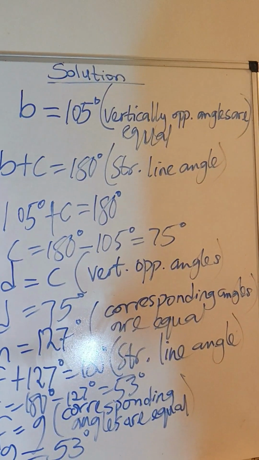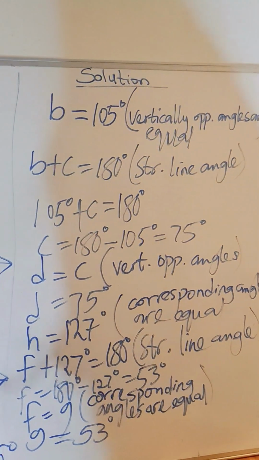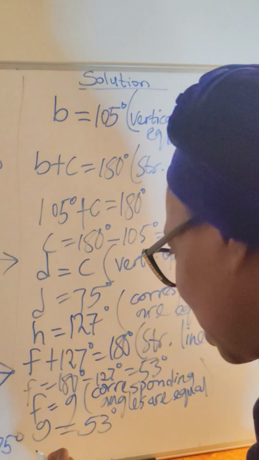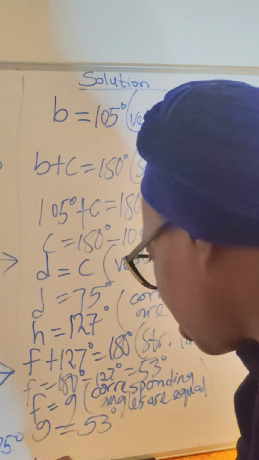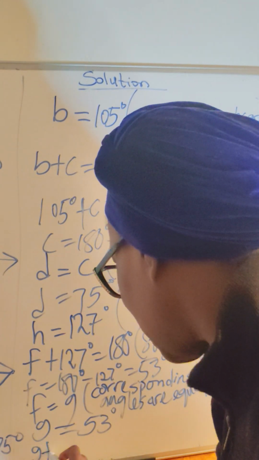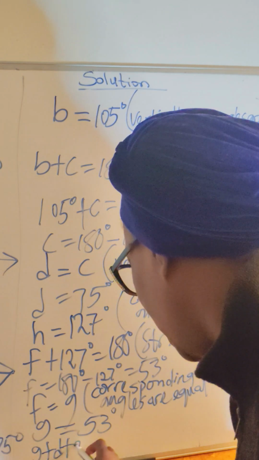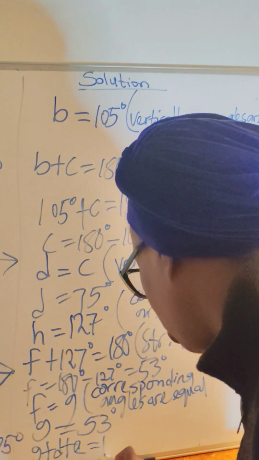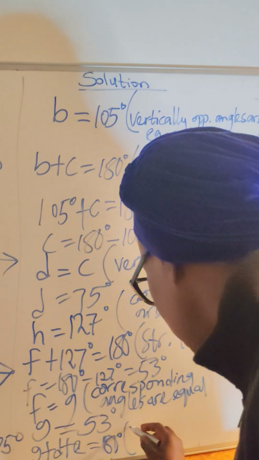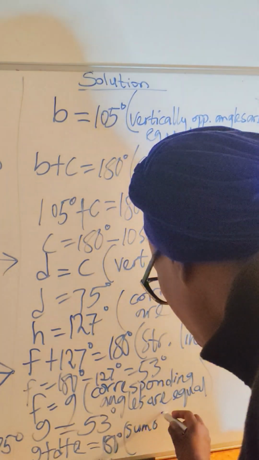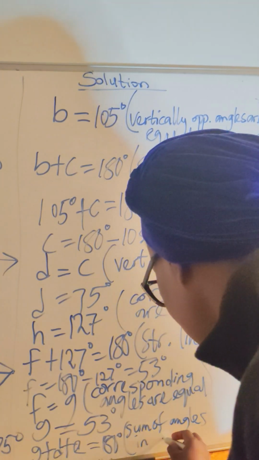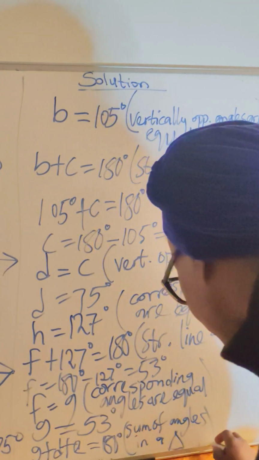Now we want to calculate angle E. How do we do that? We add all the angles in these small triangles together. The angles are angle G plus angle D plus angle E, and everything amounts to 180 degrees because of the sum of angles in a triangle.